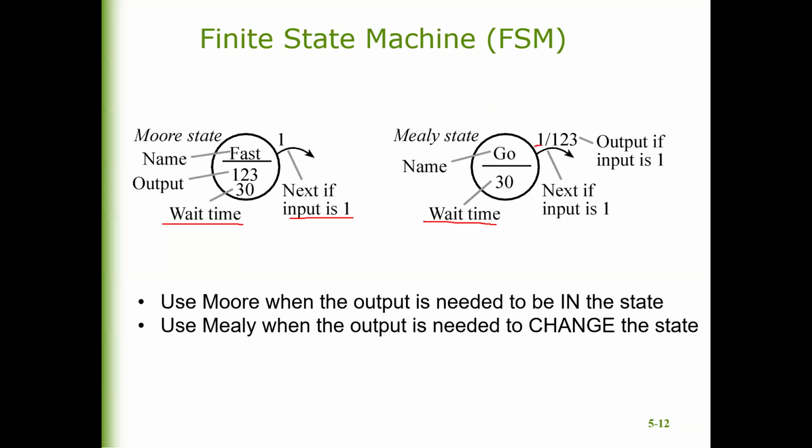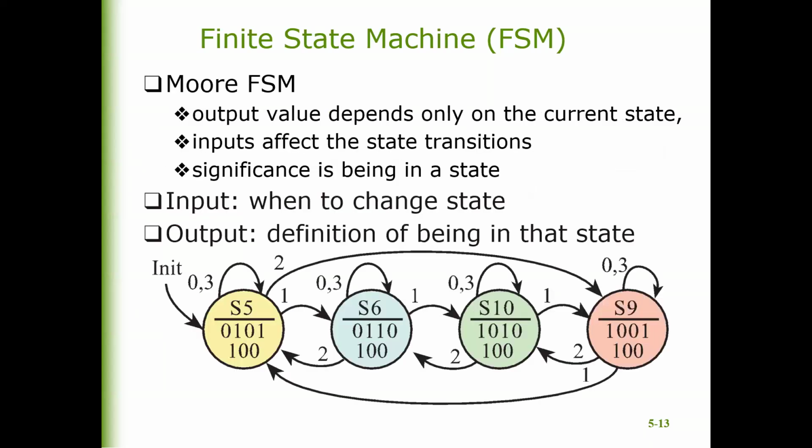This means next if input is 1, and this means output 1, 2, 3 if input is 1 and the state is go. Okay, so that's their difference. All right, let's go to the next one.